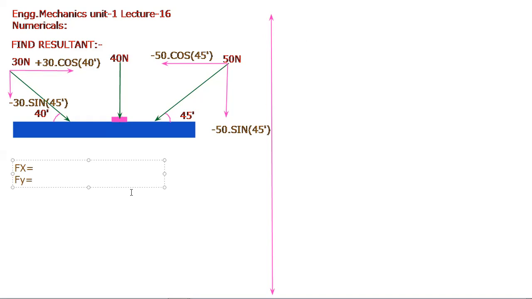Now, what is the summation of fx? In x direction, you are having these two forces. Okay, so write down these two forces. And in y direction, you are having these two forces in y direction. Okay, so therefore, you are going to write these two forces.